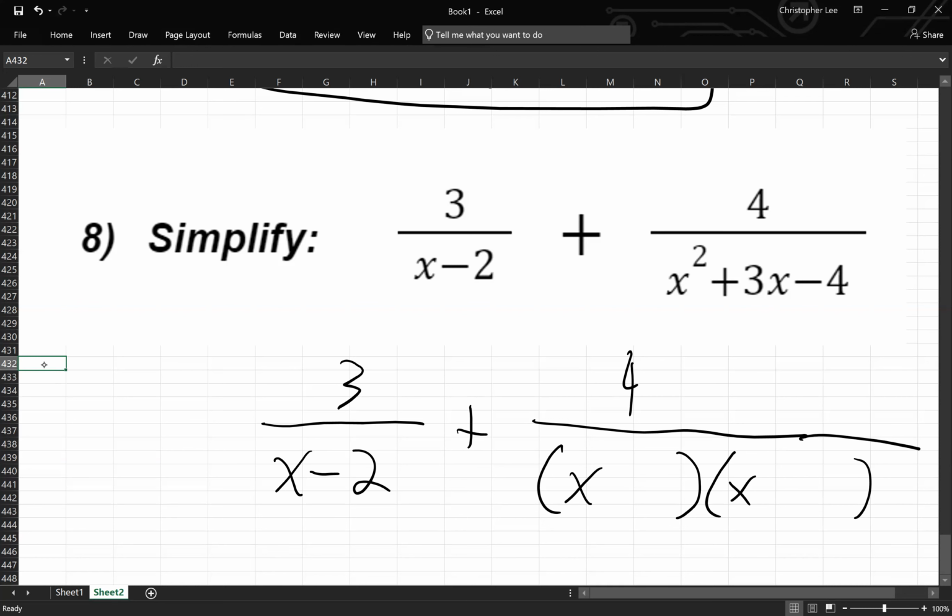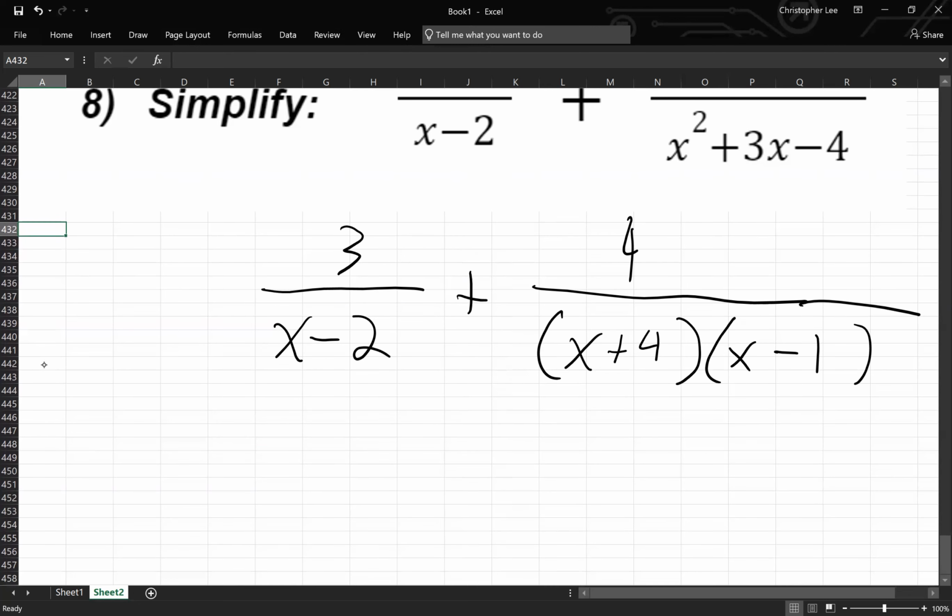Two numbers that multiply to -4 and add up to +3. Okay, so I have x plus 4 and x minus 1, because -1 times 4 is -4, and 4 plus -1 is +3. Okay. LCD is what?